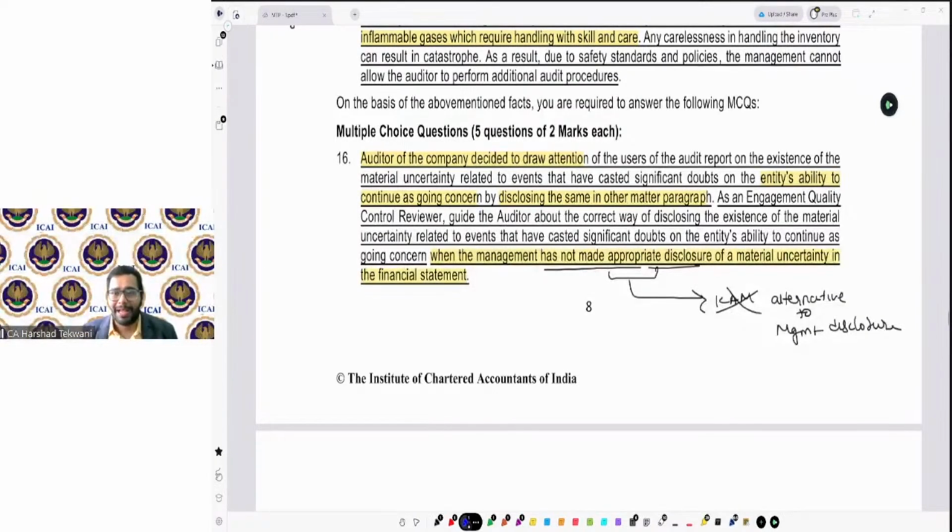I will provide him the guidance and the required materials, or take confirmation that he will comply with these standards. Let's say I will give him the SAs and say, when you are performing the work, please comply with the SAs along with your local requirements, so that I can use or rely upon the work performed by the component auditor.